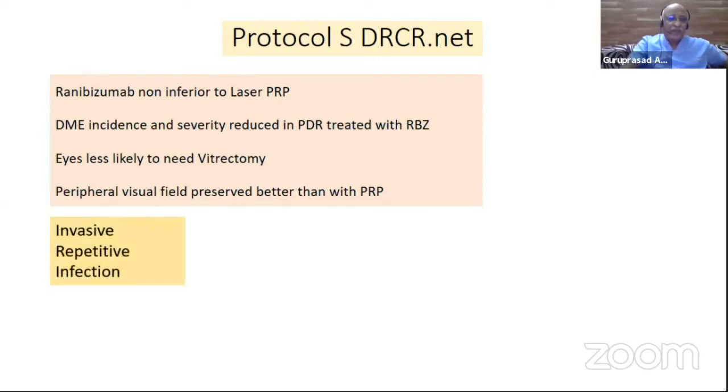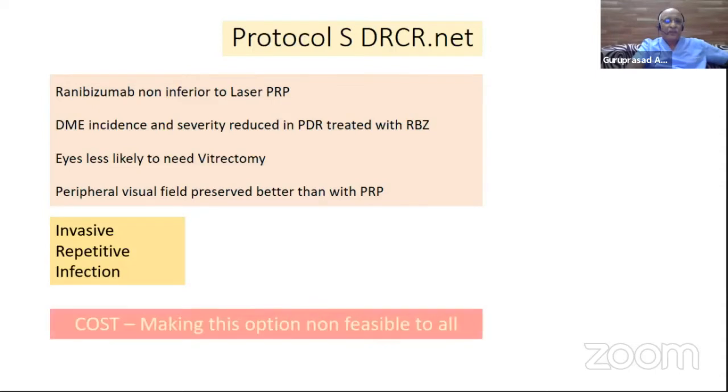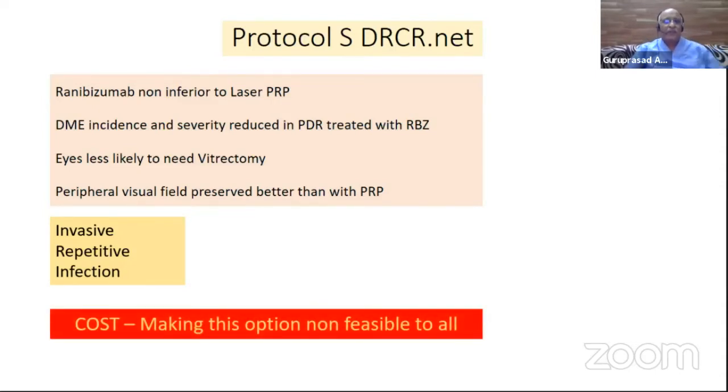But it was invasive, needed repeated injections, and there was also the risk of infection, which could be disastrous to the patient. And most importantly, the cost. This cost was extremely prohibitive, making this option not feasible for all, especially in the Indian scenario.